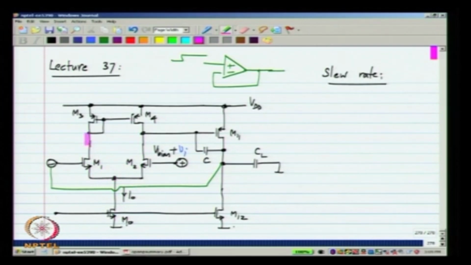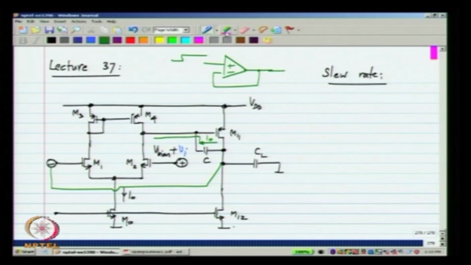At that point, 0 current will be flowing through M1, and all of that I naught will flow through the integrating capacitor C. That will be equal to I naught for large values of positive V I.